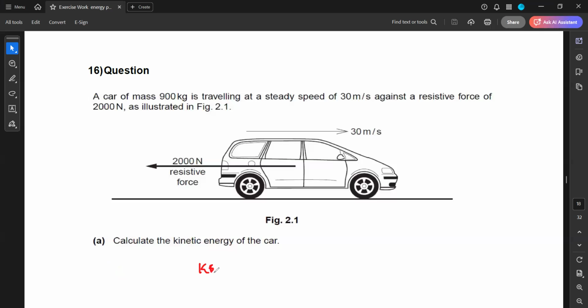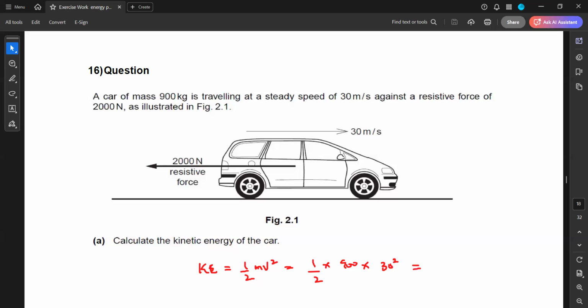So the kinetic energy KE equals half mv squared. What about the mass of the car? The mass of the car is 900. And what about the speed at which the car is moving? The car is moving at a speed of 30.